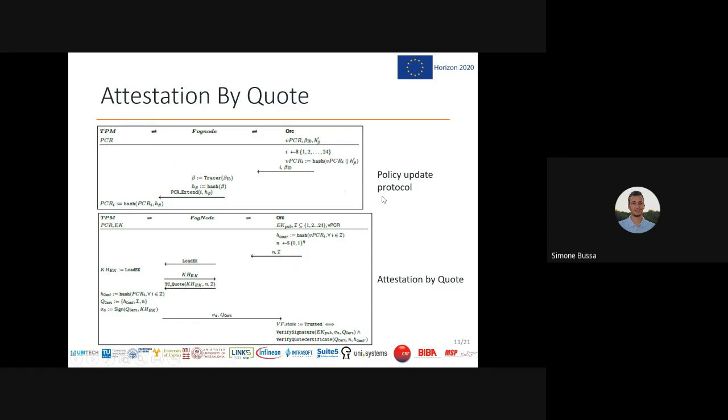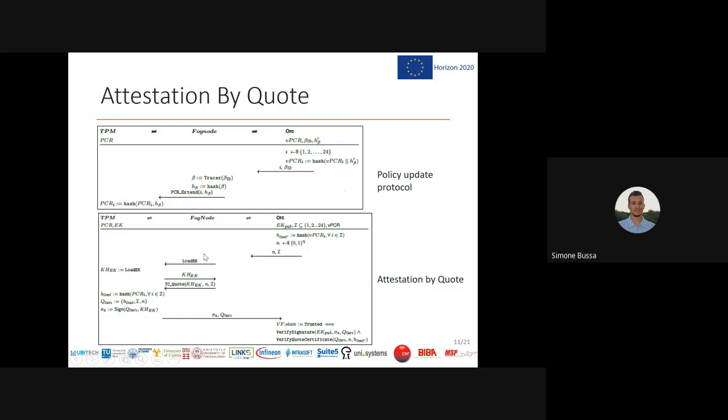And whenever the orchestrator wants to know the configuration integrity of a node, it starts the attestation by quote protocol. It first precomputes the expected values for the PCRs of the node, reading its virtual PCR, and then sends the request to the node.